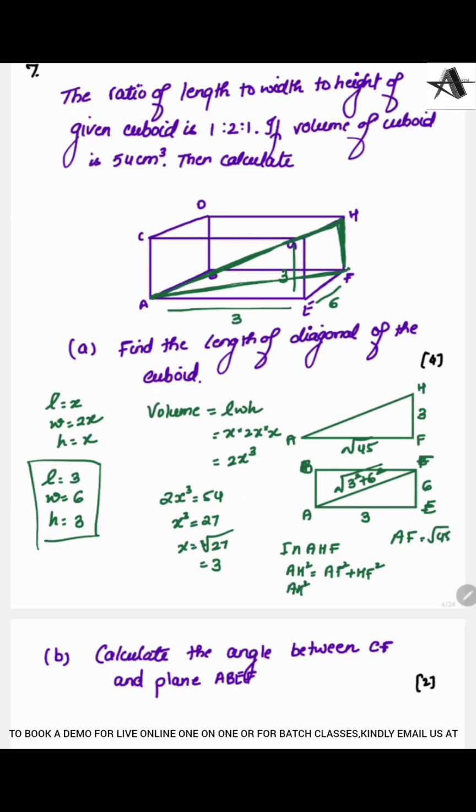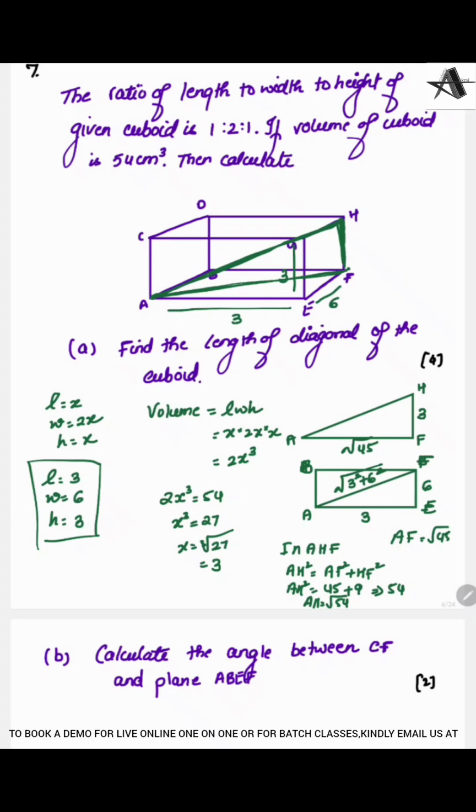So AH squared is equal to AF, which is root 45, and the square of root 45 is just 45. HF is 3, and the square of 3 is 9. So this will give you 54, and finally AH is root 54. So what is the length of the diagonal? The diagonal is root 54.